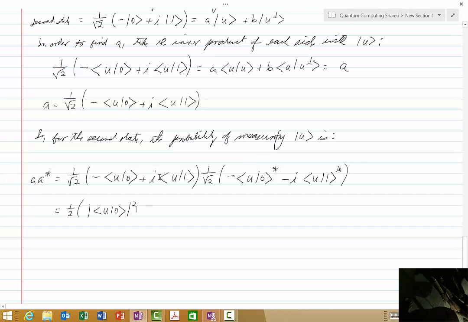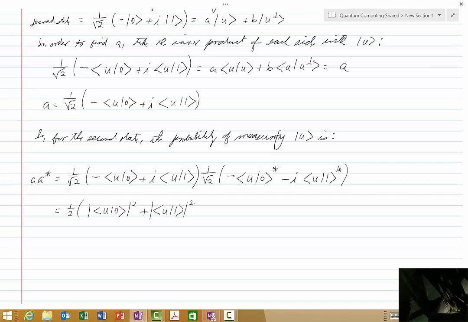If we multiply the second terms together, notice we have I and minus I, which will give us minus I squared. That's a minus of a negative 1, so that's positive 1, times the inner product of U with 1 multiplied by the complex conjugate of the inner product of U with 1.